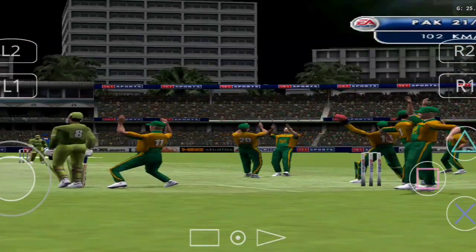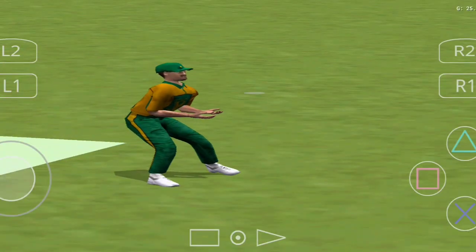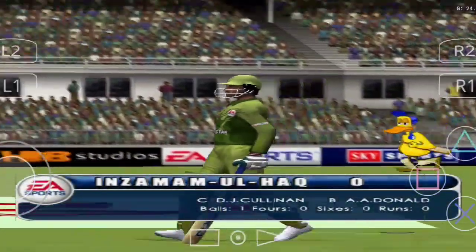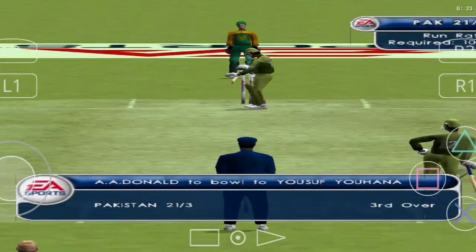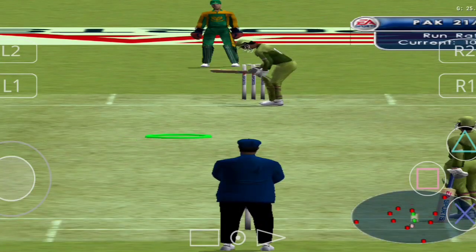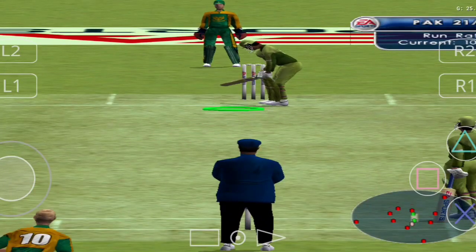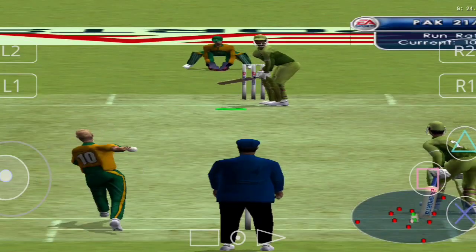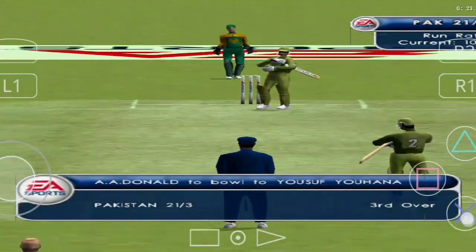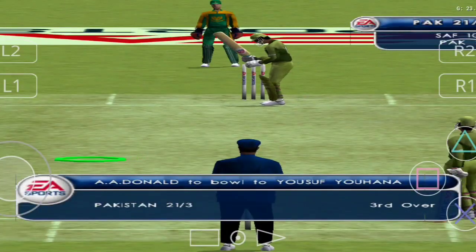Was out for a duck. So then, that's the end of Inzamam ul Haq. Donald continues.